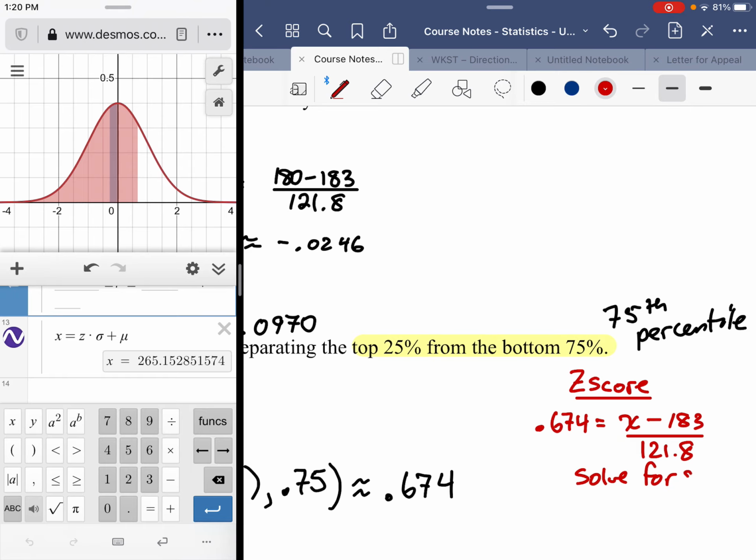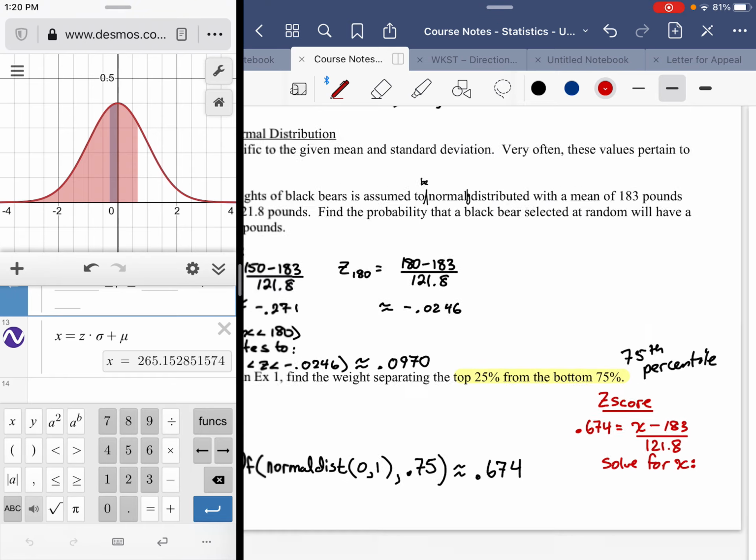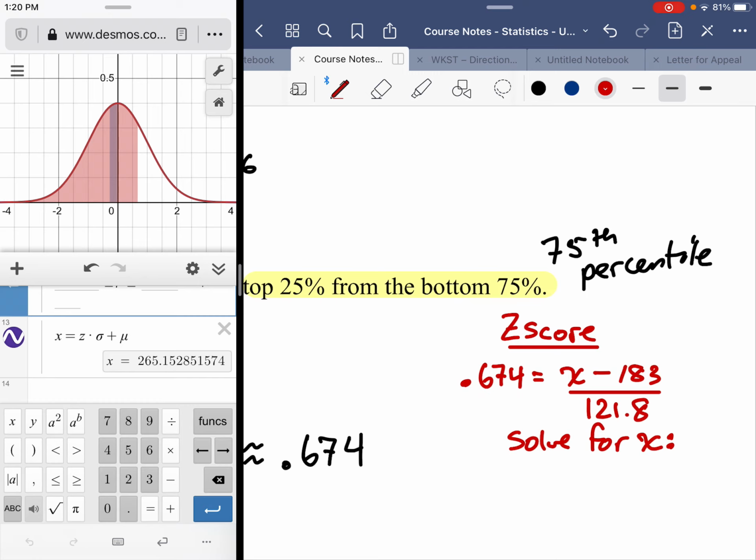So you can actually solve for x if you want by hand using algebra if you like that. Or you can use this where I did the algebra for you. That's where this x equals z times sigma plus mu is. I did all that for you. So it's set up to solve for x, and x would be about 265.153 pounds.